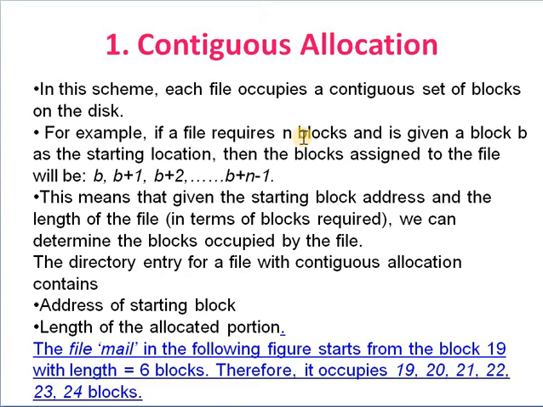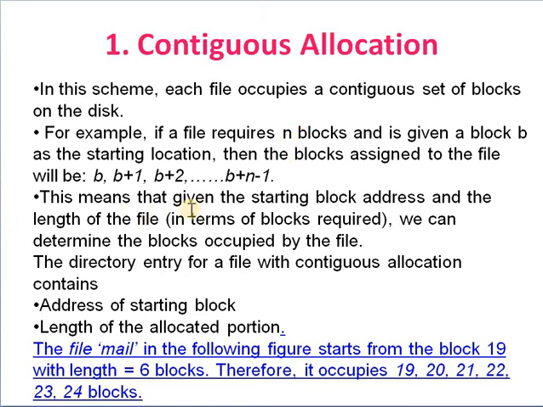Suppose the starting address of a block is B, then the blocks are allocated to that file one by one. That means the first block is B, the second block is B plus 1, the next block is B plus 2, until the last block, B plus n minus 1, where the file is stored on the disk.